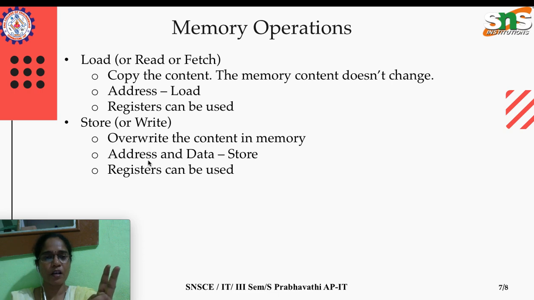If there is some other content already present at this address in the main memory, it will be overwritten, because we are putting the new data into the memory. Our data will be present in the register, and that content will be written into the memory using the store operation. This is quite simple memory operations, and that's it about today's topic, memory locations and addresses, and of course memory operations.